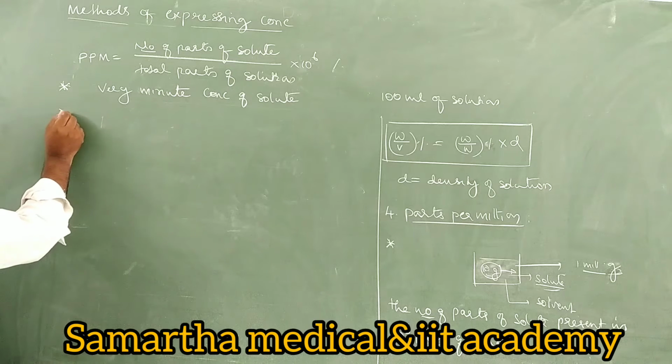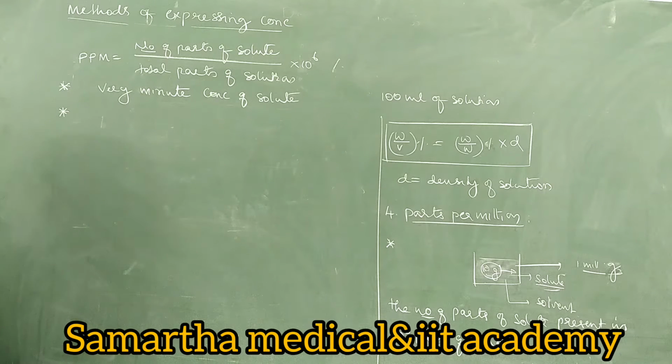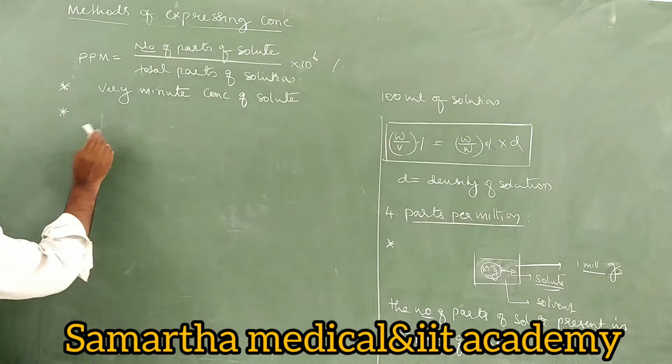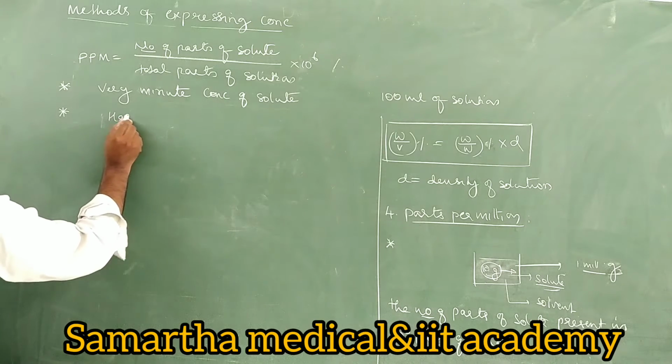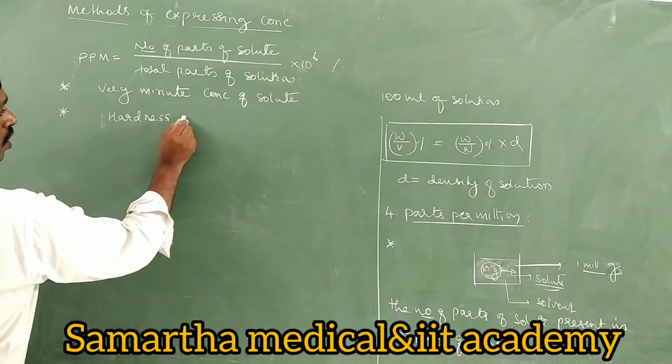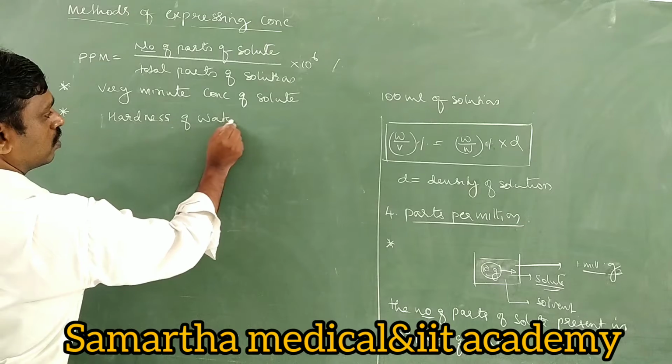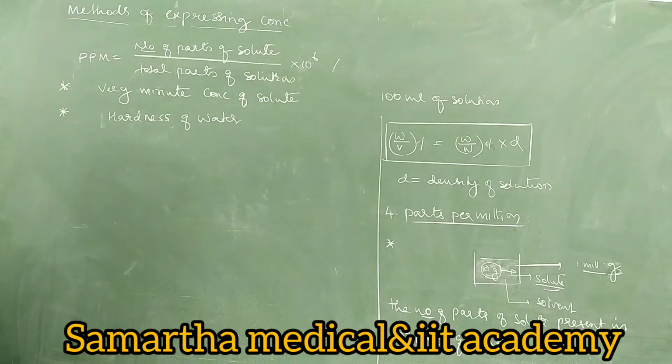Next point: generally the ppm term is used to determine the hardness of water. Hardness of water can be determined by ppm, parts per million.